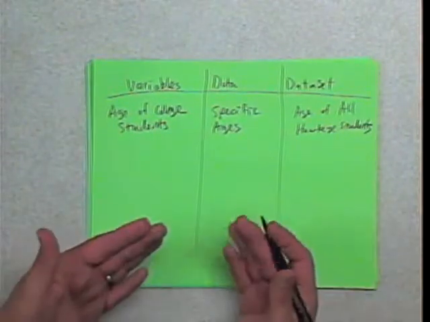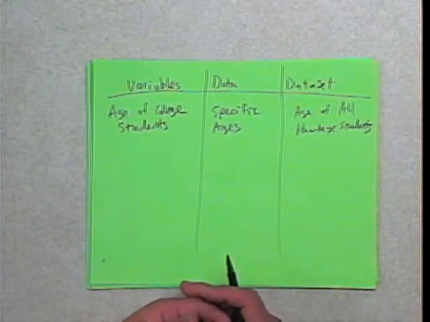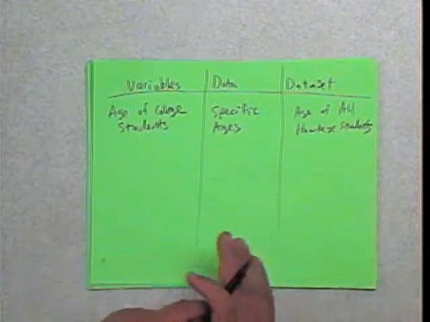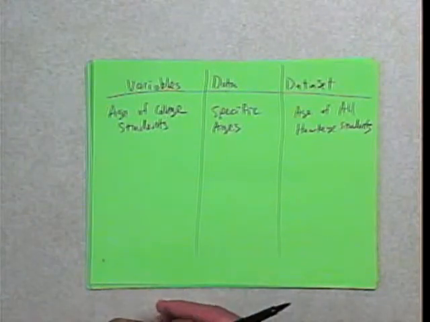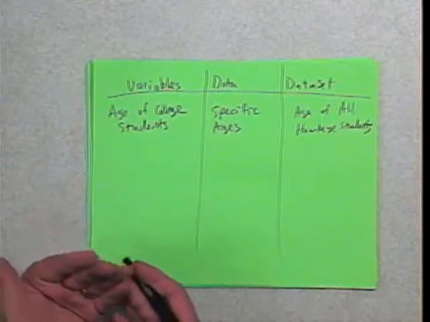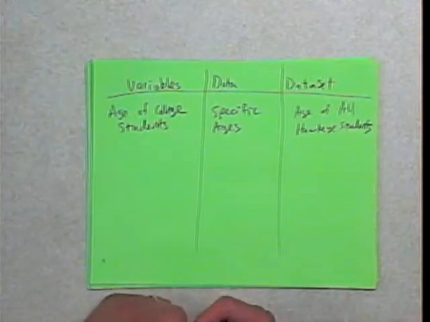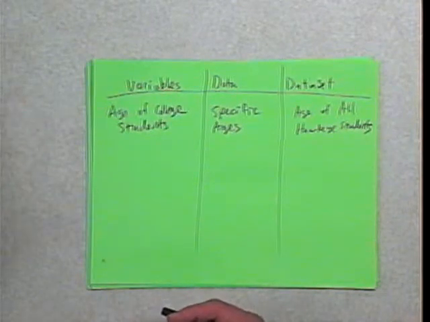So let's do another example, because in statistics a population does not necessarily mean people. In English, population is like the size of a city, how big is a city? It's 80,000. That's the population of the city. Or we might think of it as the people in the city.